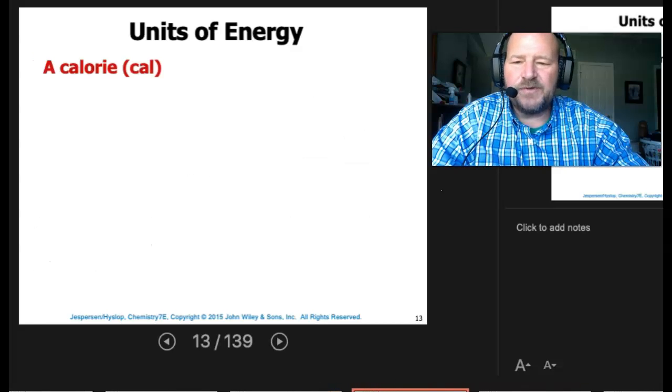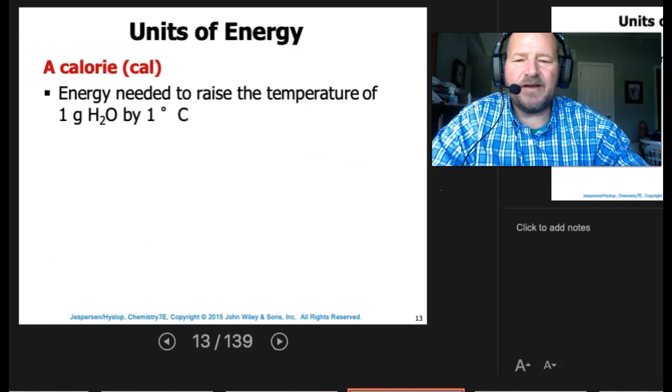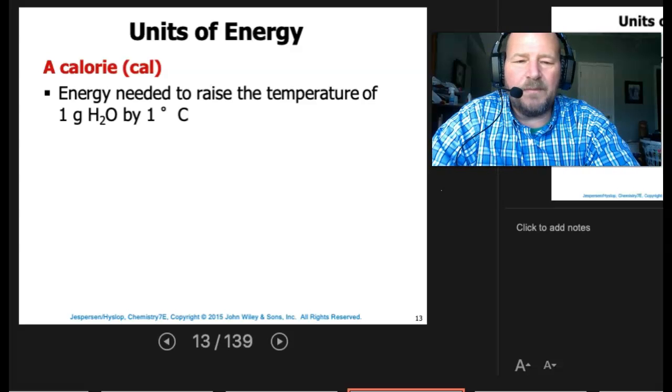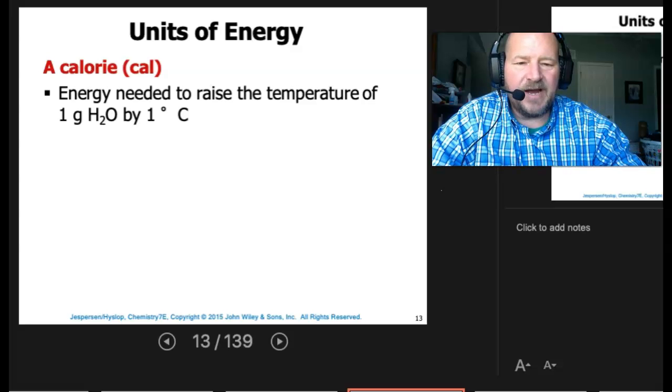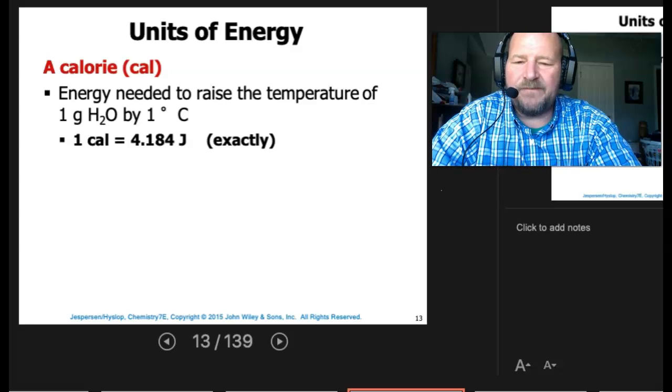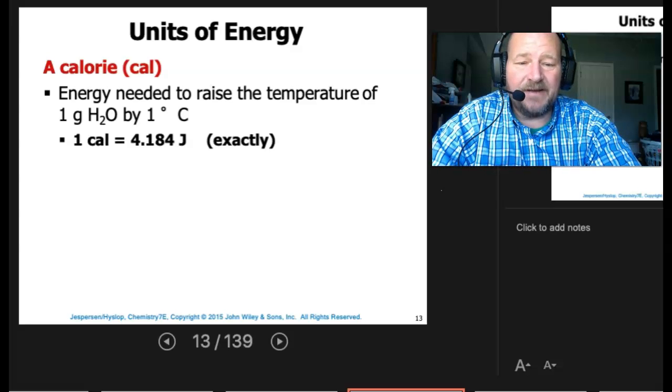Another unit of energy we'll see is the calorie. Calories are defined by the energy needed to raise the temperature of 1 gram of water by 1 degree Celsius. We can convert back and forth between calories and joules. 1 calorie is 4.184 joules, and this is an exact value.